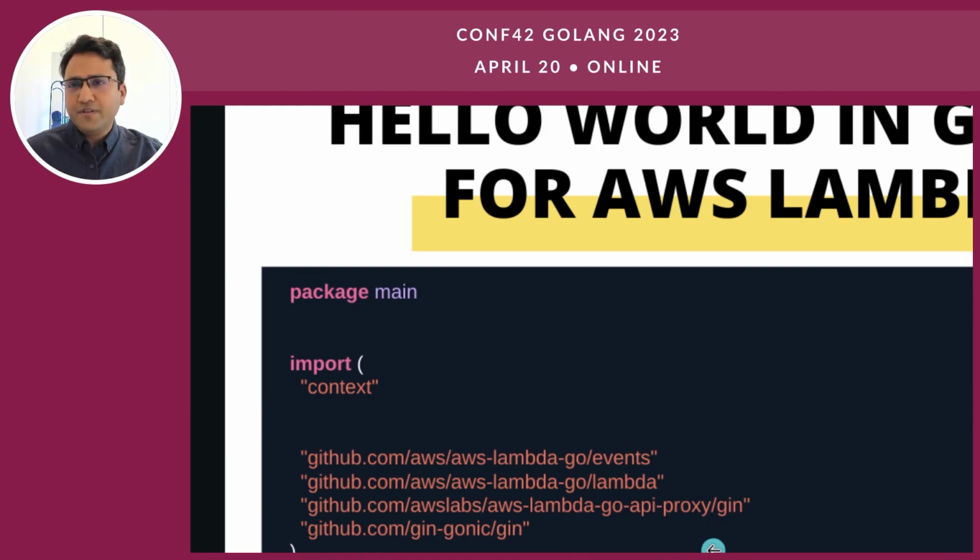This proxy supports multiple frameworks. It supports Fiber, it supports Gorilla. It's one of the libraries provided by AWS Labs, so that it can use the existing router which has been created, and wrap it for AWS Lambda.